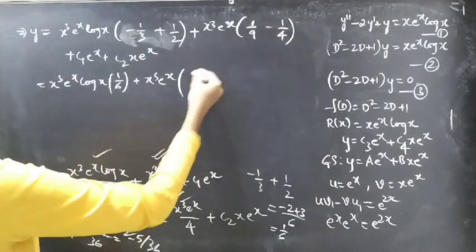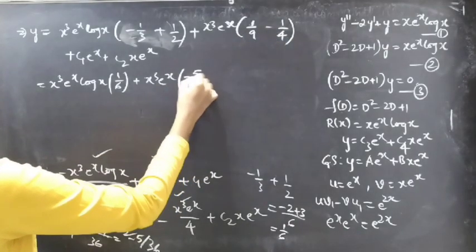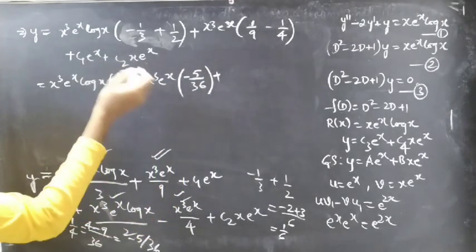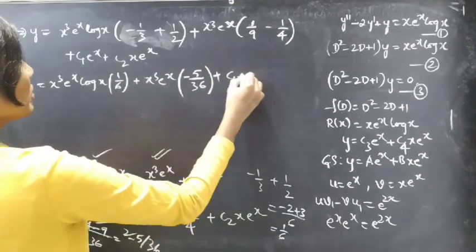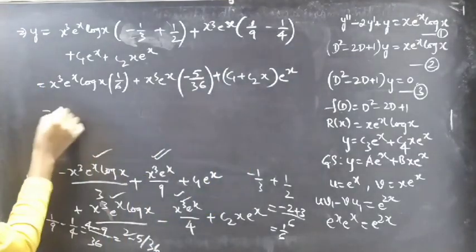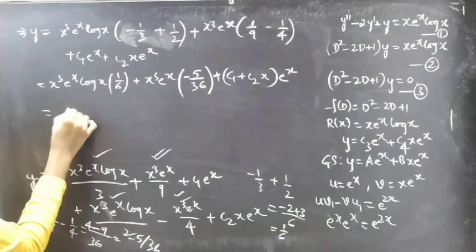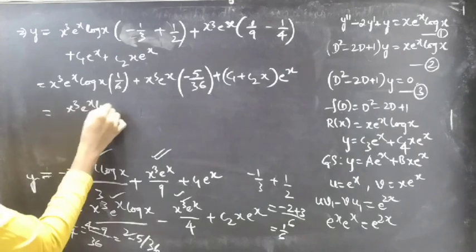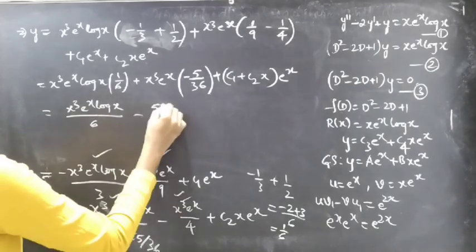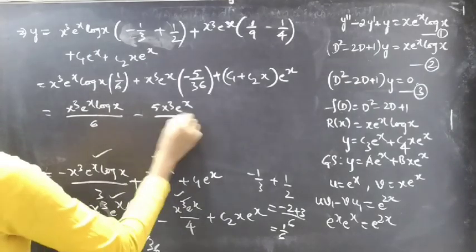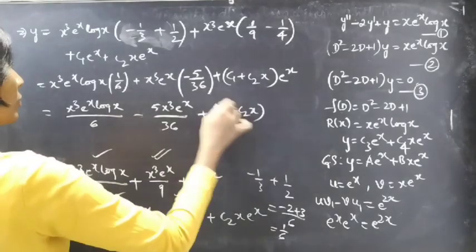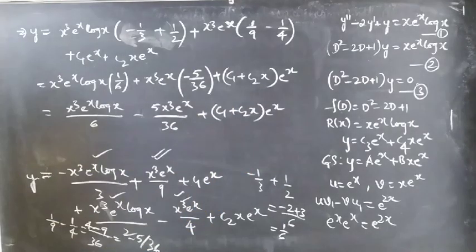Replace 1 by 9 minus 1 by 4 with minus 5 by 36, plus now take e power x common from the last two terms. We'll get c1 plus c2 x of e power x. Now we can write the first two terms as x cube e power x log x by 6 minus 5 x cube e power x by 36, plus c1 plus c2 x into e power x.